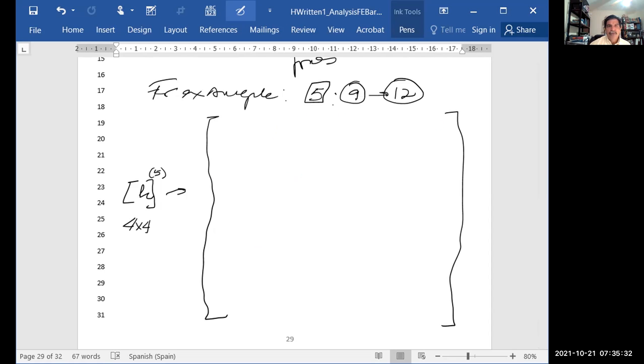Please take a couple of minutes to try to determine the answer, and then I'm going to call somebody to answer that. So this is the element 5, which is connecting joint 9 with joint 12. The first row of this matrix, this is a 4 by 4 matrix. I want you to tell me in what row you are going to include this information in the global.